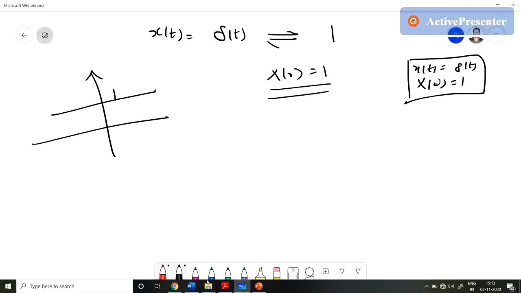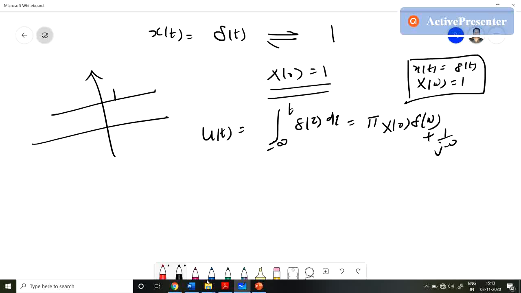Now we have seen that u(t) is equal to the integral from minus infinity to t of delta(tau) d tau, and we can write its Fourier transform as pi X(0) delta(omega) plus 1 divided by j omega. Because X(0) is 1, that is equal to pi delta(omega) plus 1 divided by j omega.